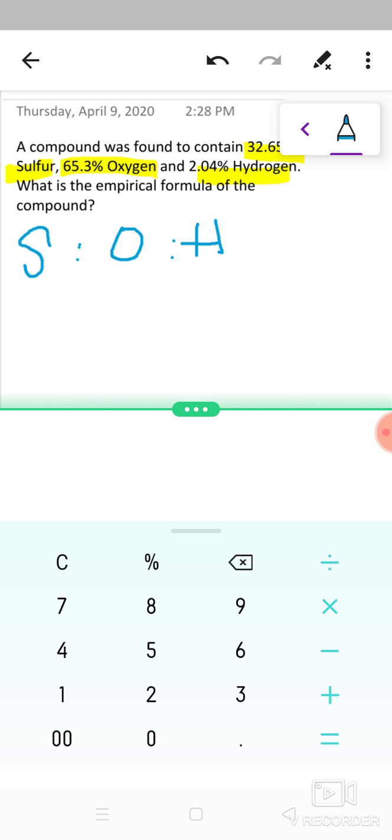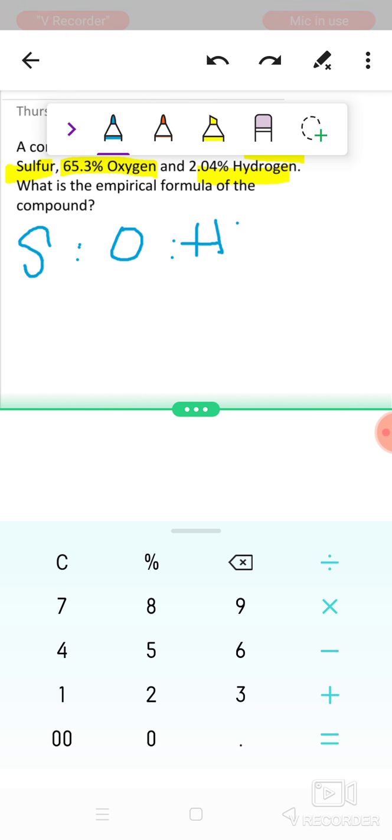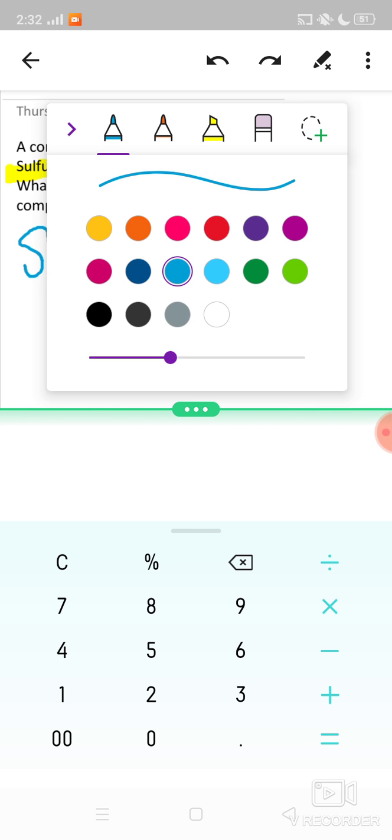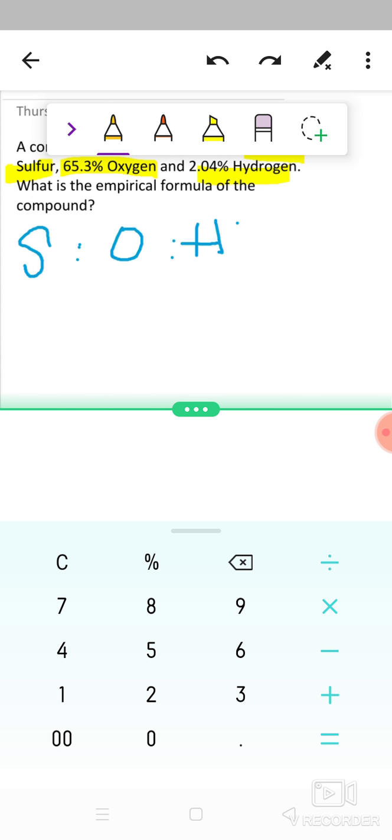So for sulfur, we are going to look at the percentage, 32.65. Let me change the color so that it's easy for you to identify.